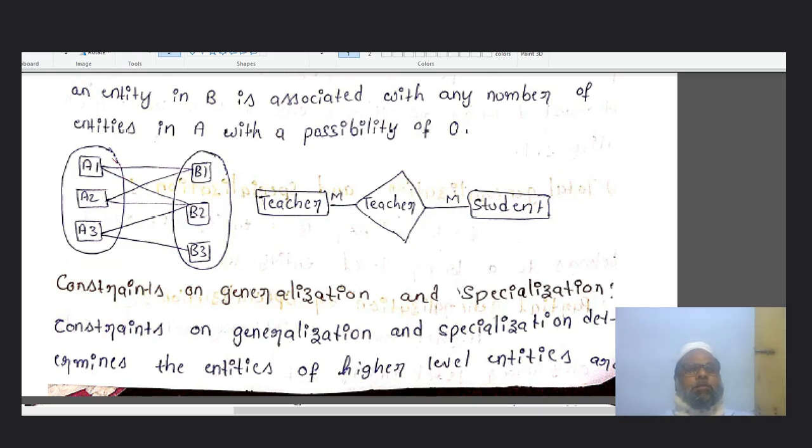Observe the diagram: the A1 and A2 entities are associated with the B1 entity, and B1 and B2 are associated with A1. That is a many-to-many relationship.